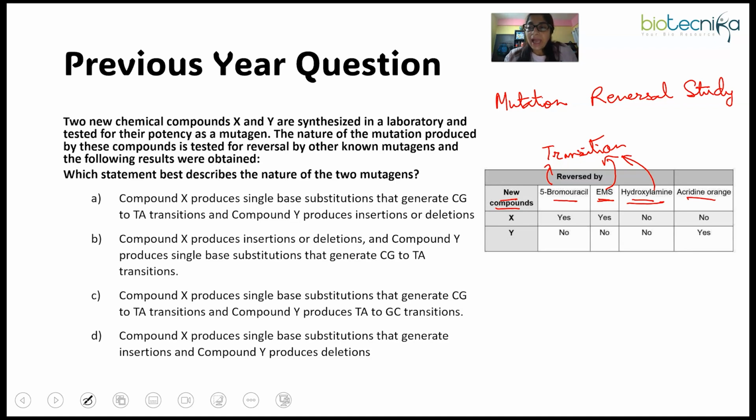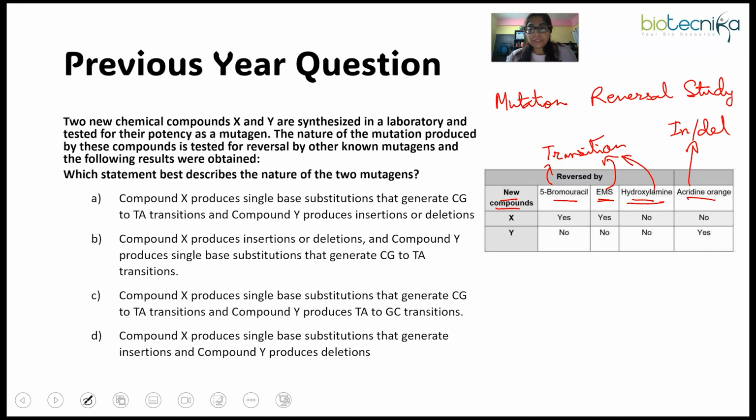Acridine orange is an intercalating agent. They intercalate between the adjacent nucleotides, and that results in insertion or deletion mutations. This is not of a long stretch of nucleotides but of a single nucleotide.